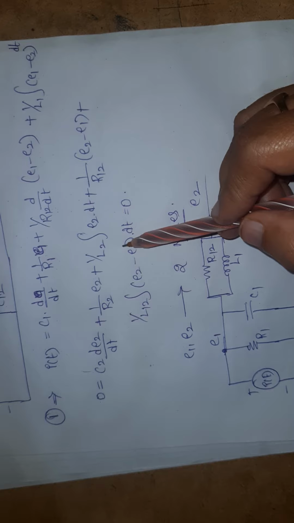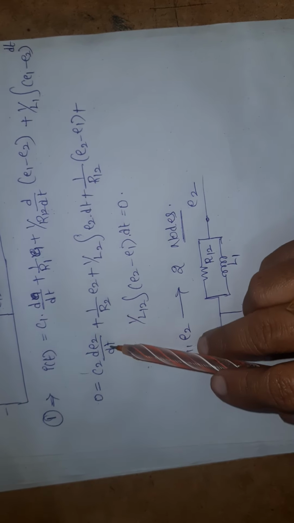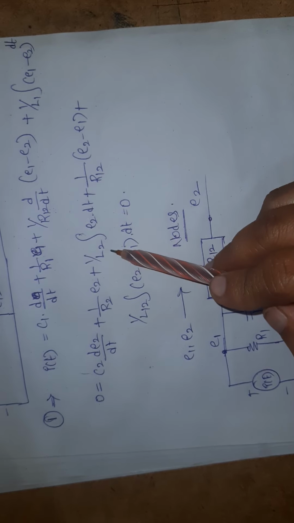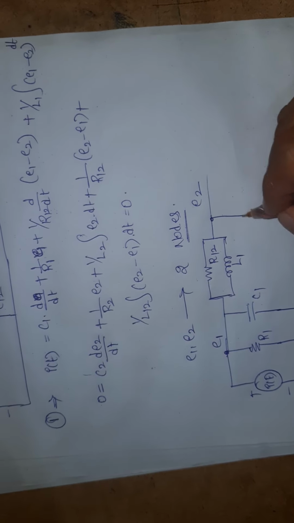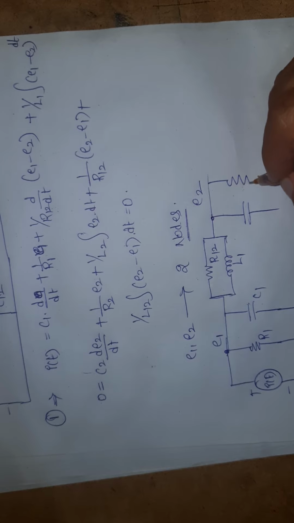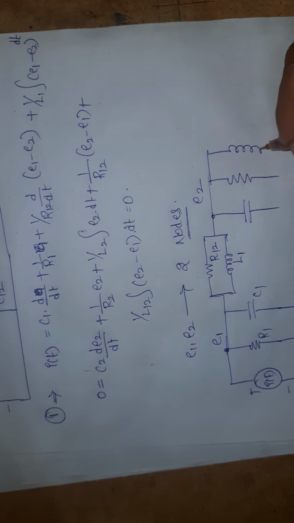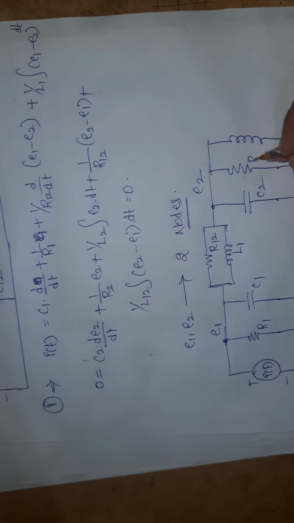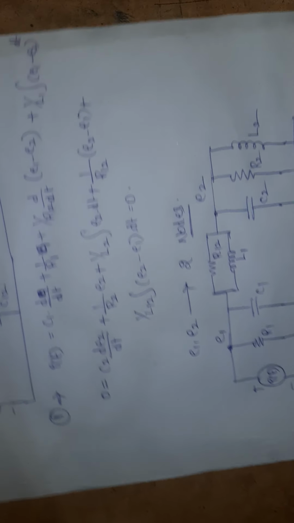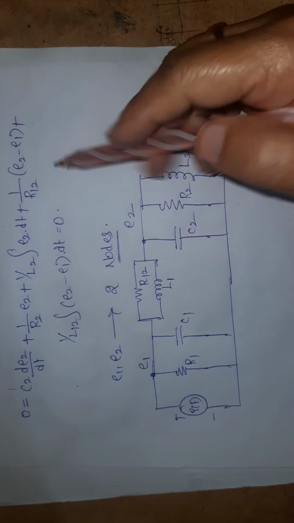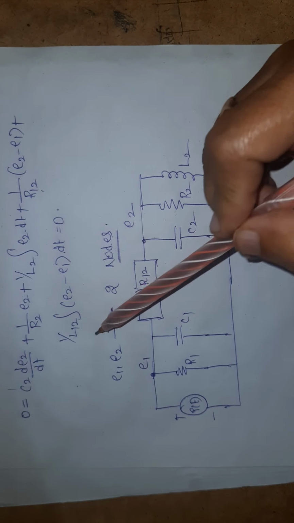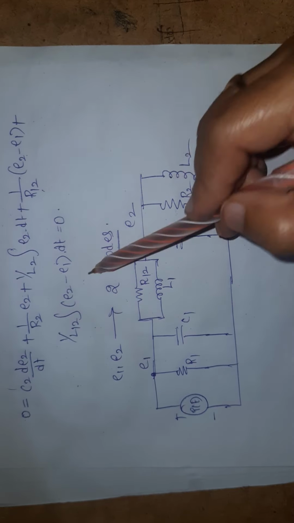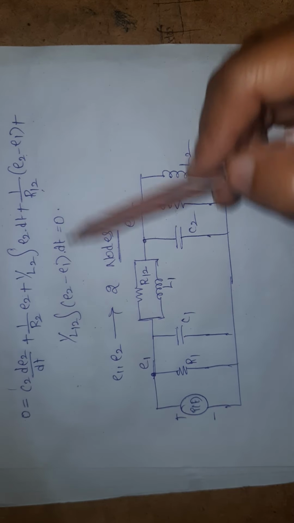Next equation 2. For the second node E2, I am having C2, R2, L2. Okay, so C2, R2, L2. Next I am having R12, L12 in between these two nodes.